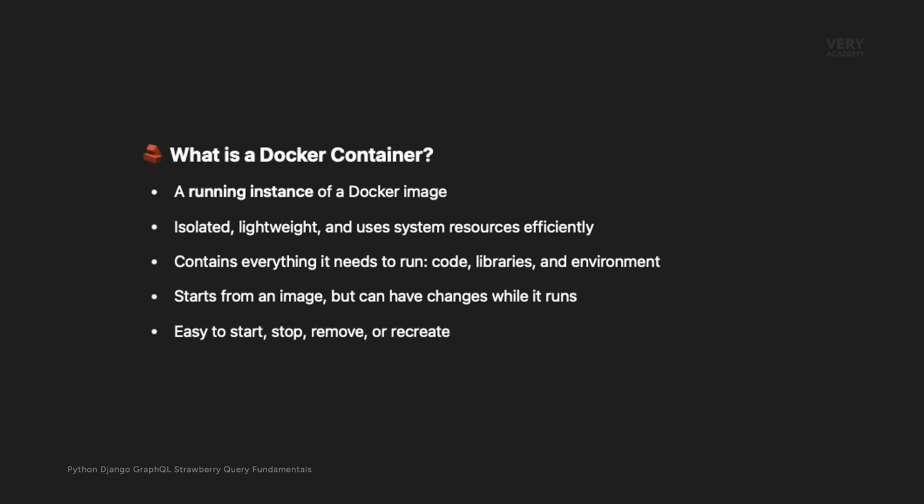Containers are lightweight. They share the system resources efficiently, which makes them fast to start and stop. You can run multiple containers from the same image, and each one can be started, paused, or removed easily, all without affecting the original image. Ultimately, this is a simple, consistent way to run applications without worrying about what's installed on your system.